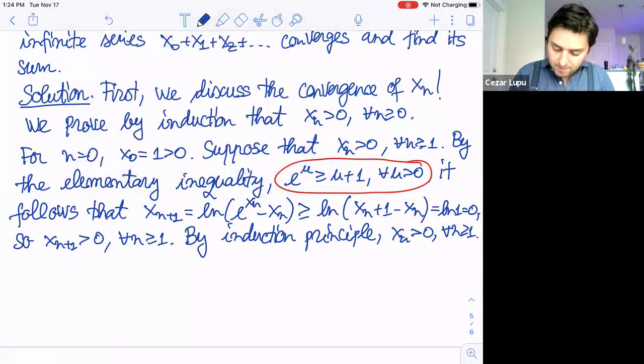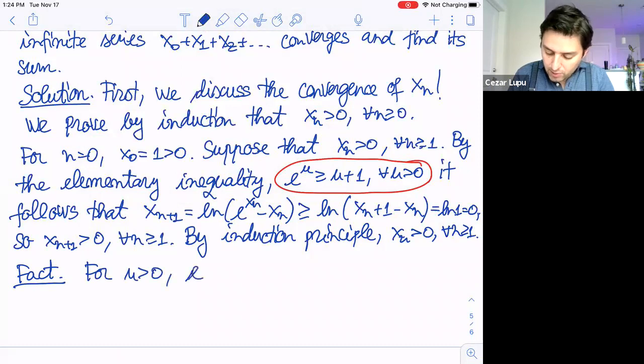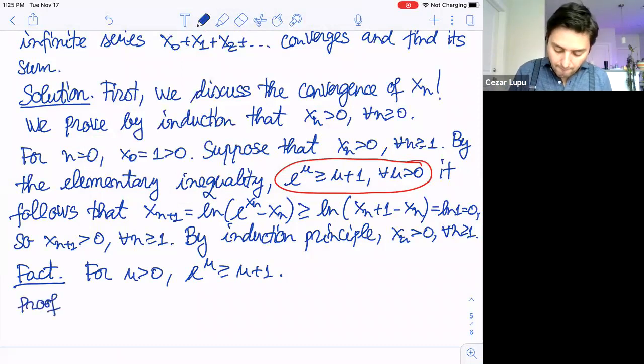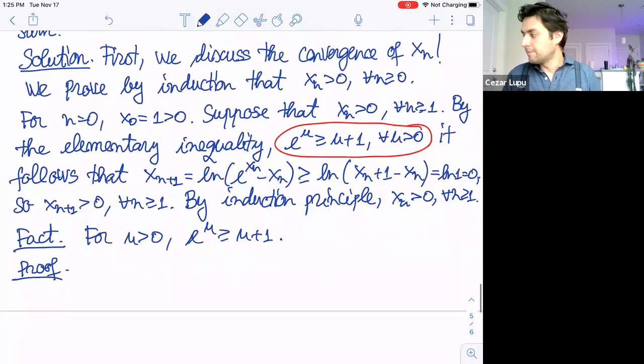So let's address this. Fact: for u greater than 0, e to the u is greater or equal than u plus 1. All right, and let me give you a quick proof of this. Okay, I'm going to do it in a tricky way.